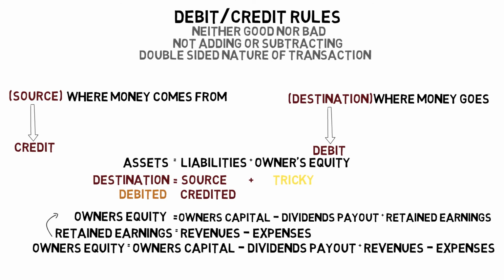Again, owner's capital and revenues are where the money comes from, so they will be credited, and expenses and dividend payouts are what the business pays, so they will be debited.